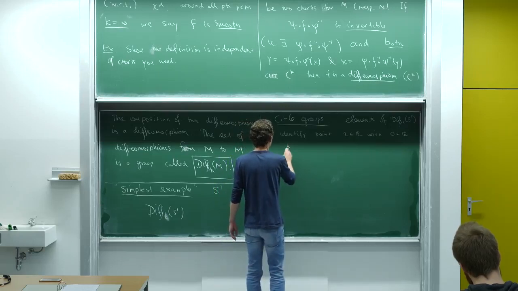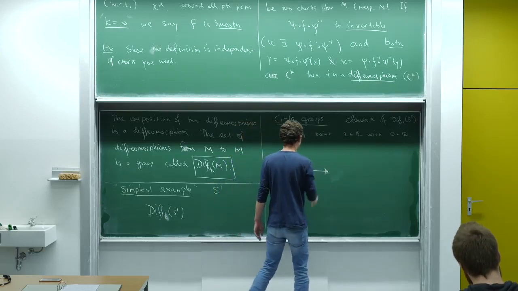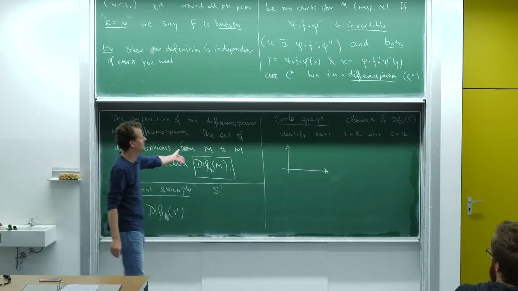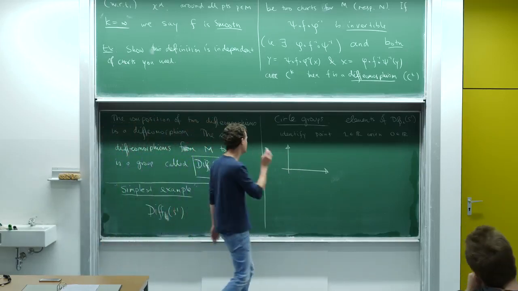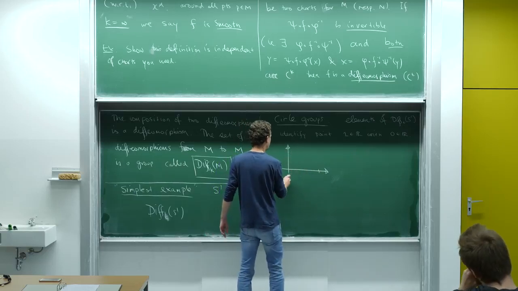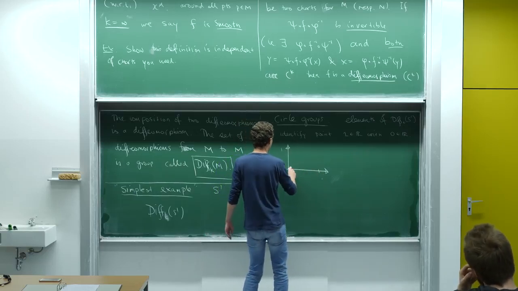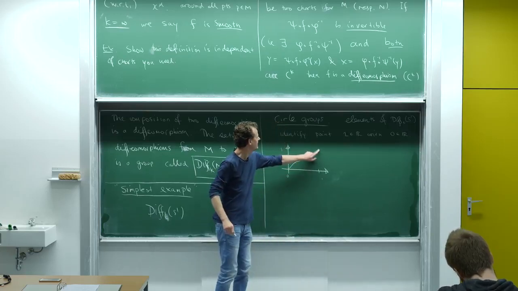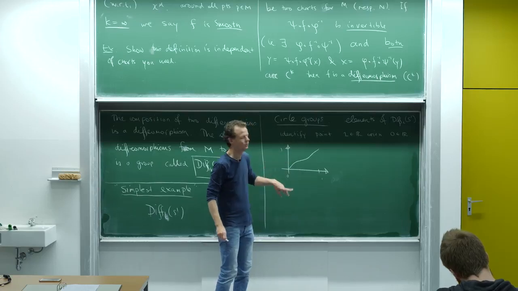So a diffeomorphism from the circle to the circle is nothing other than something you can draw. It's a monotonic increasing or decreasing function that's smooth, nice and smooth. And when you get to 1, it better be the same as 1.